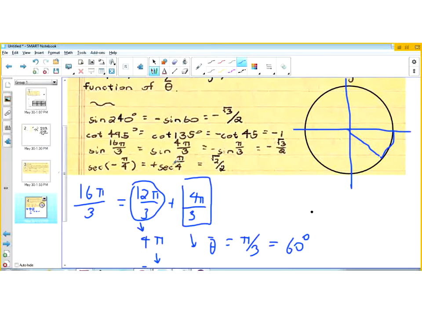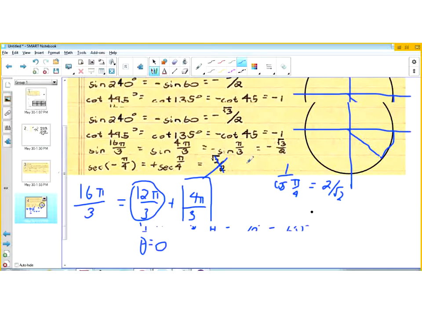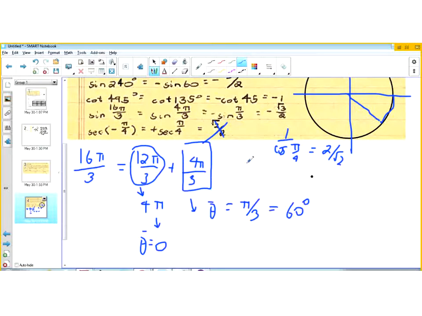Since we're in the fourth quadrant, the secant is positive, and so the secant of pi fourths is 1 over the cosine of pi fourths, which is 2 over the square root of 2. Okay, so evaluating trigonometric functions at any angle.